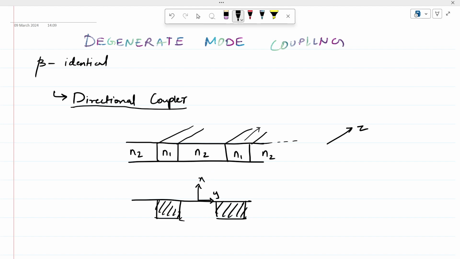So this distance is given to be A. The waveguide width is given to be 2b. Similarly, this is symmetric, so this distance is again A, this is again 2b. So how do we go about finding the coupling in this? So say I give power in one of the waveguides, say waveguide A. How much power will be transferred to the waveguide B? That is the question.